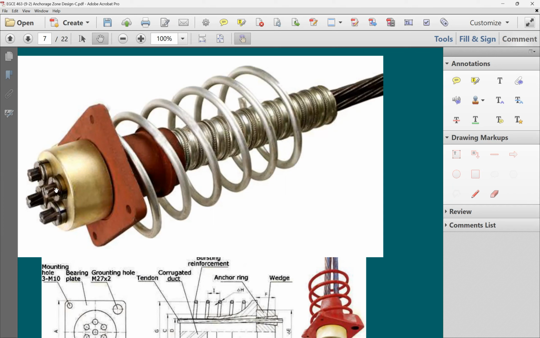When you have here the pre-stressing forces, it's going to be bearing on this plate. So this plate here is going to be bearing on the concrete. And this cable that you see, or this wire, this tie, if you like, called the spiral tie, is to resist the tensile stresses in the local zone.